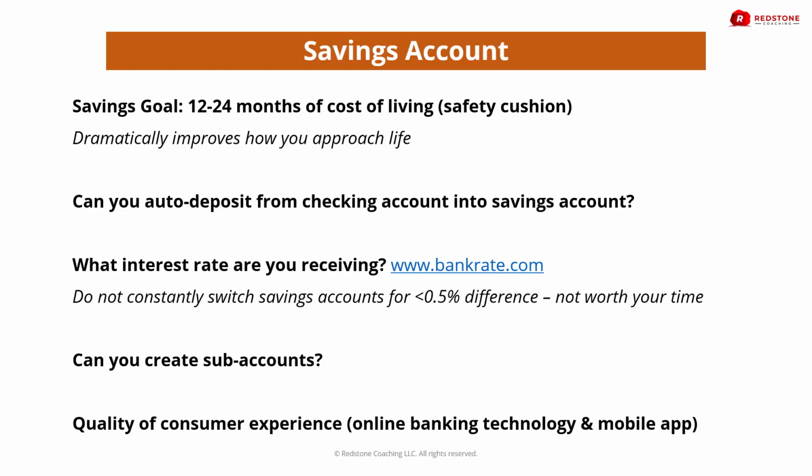Now, as we talked about in part 1, you want to strategically build a safety cushion, and there are 2 main reasons for building it. One is that by having 12 to 24 months of money put aside in a savings account to cover your cost of living, you are hedging against market risk and economic risk.